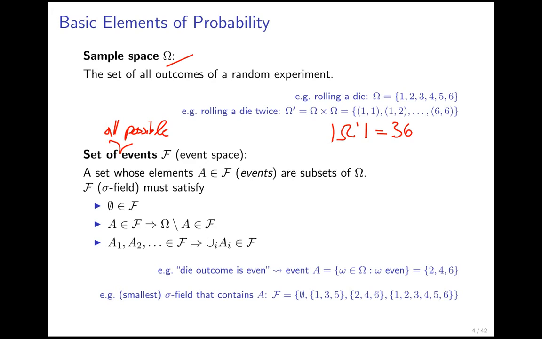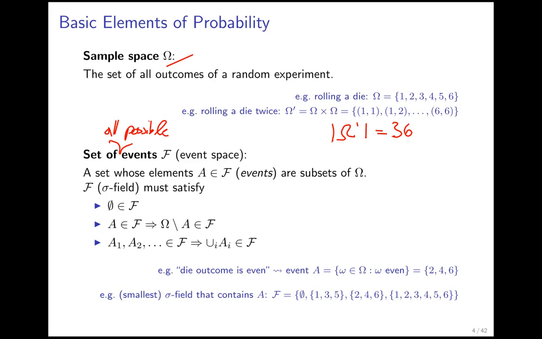We have to have for each A in F that the counter event is also in F. If we check this, for the empty set, it's the full set, it's in there, that's fine. And vice versa as well. And for 1, 3, 5, the counter event is 2, 4, 6, and that's in the set, and vice versa, 2, 4, 6, and 1, 3, 5. So the second axiom is fine as well.